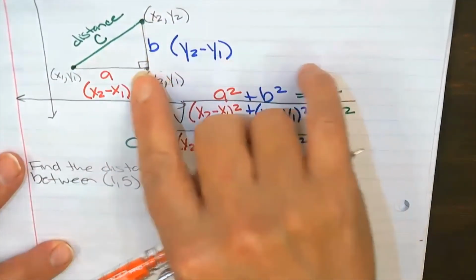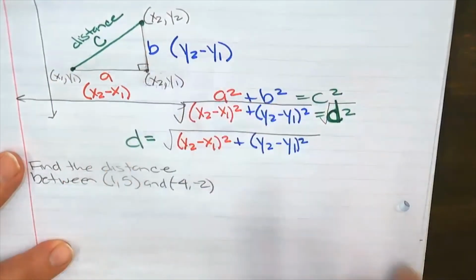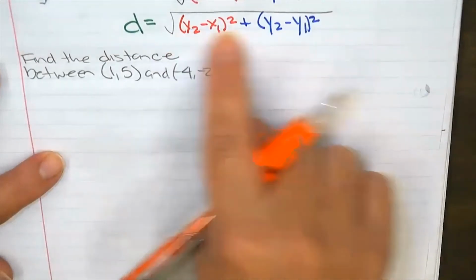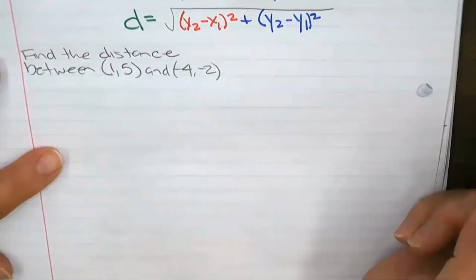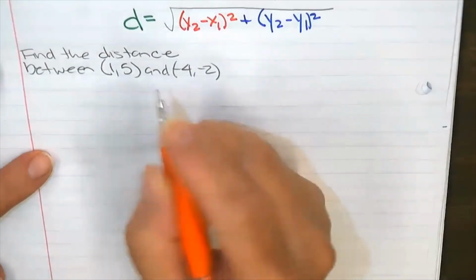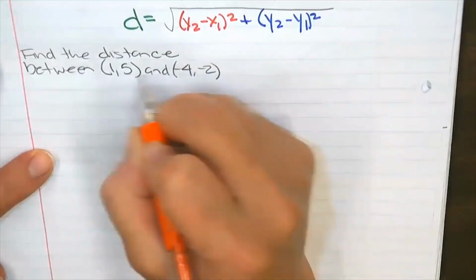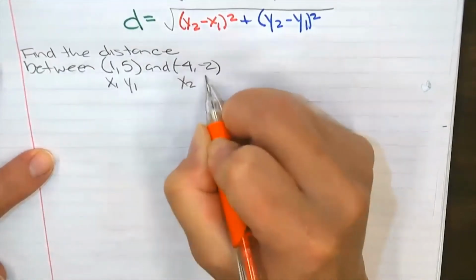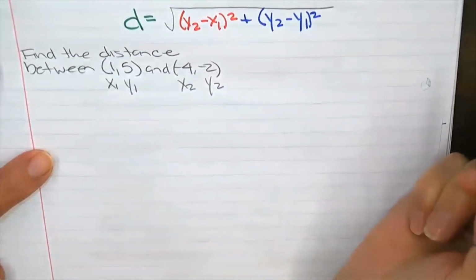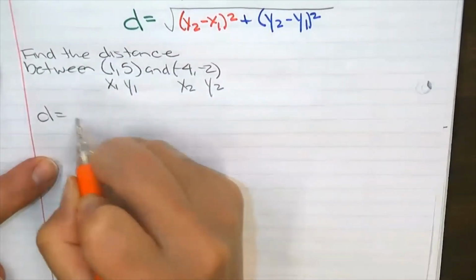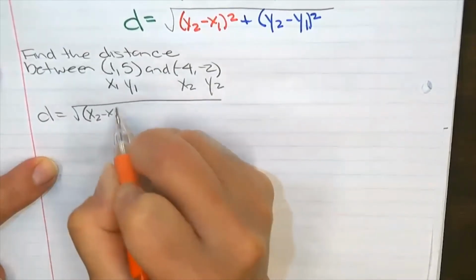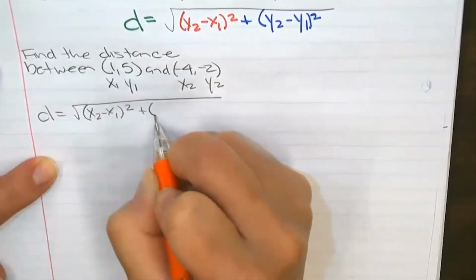So we're going to create our right triangle. This is the formula right here. So the first thing we need to do is label these numbers, X1, Y1, X2, Y2. My distance formula, let's put that in so that we can substitute.